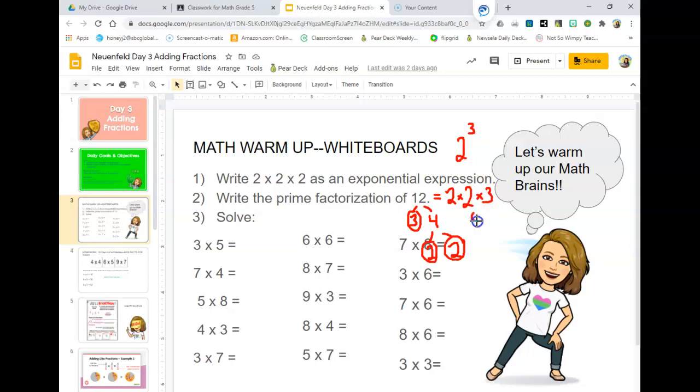You can also write that as 2 to the second power, because it's 2 times 2. Since there's 2 of them, I can put this little 2 there, times 3. That is the same thing.